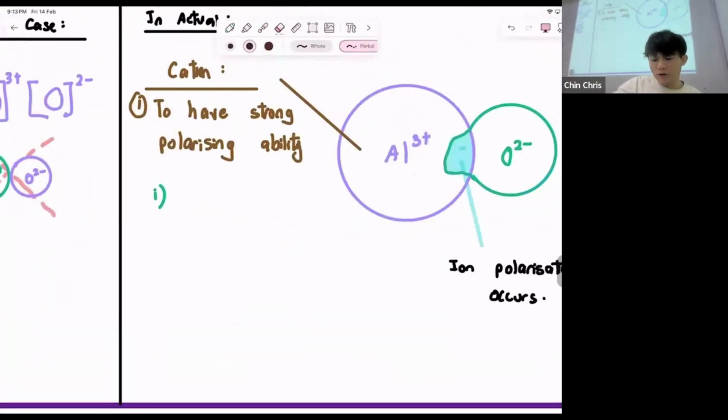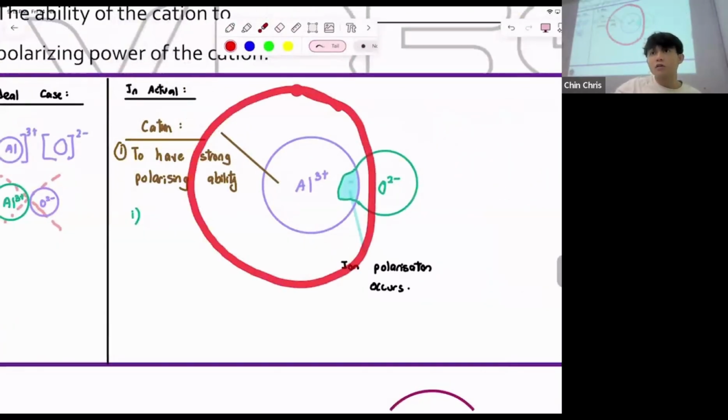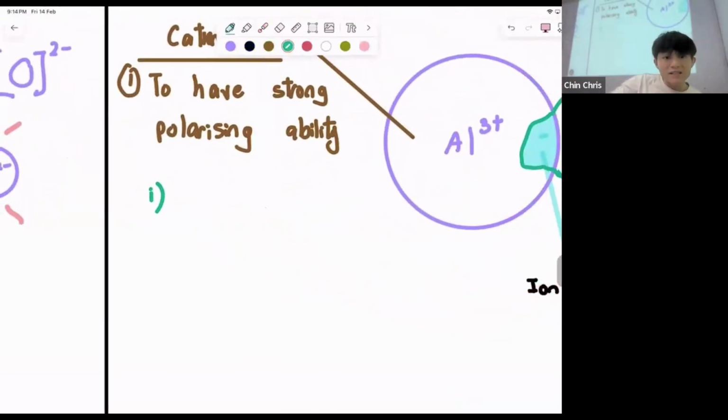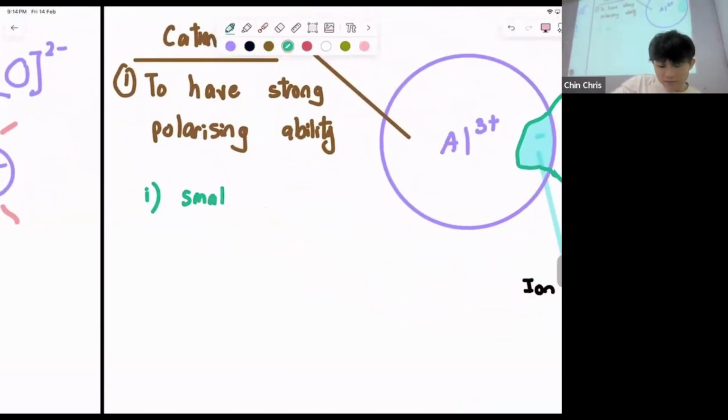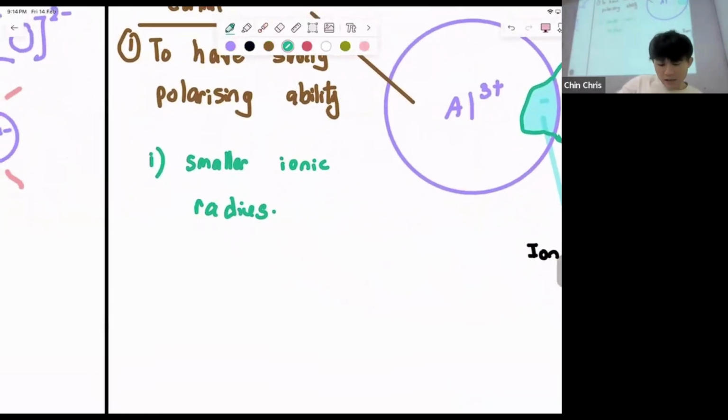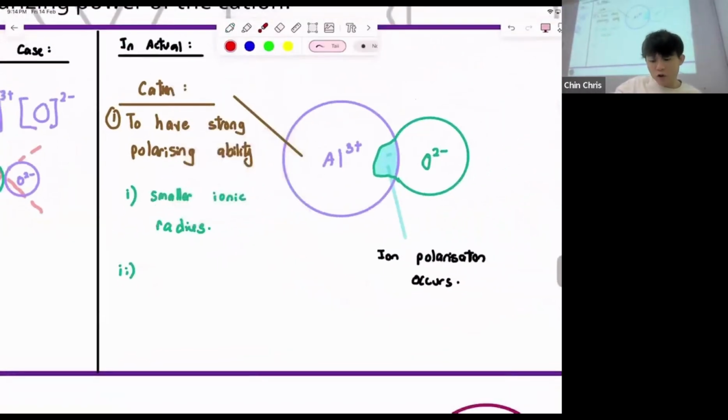If you put a fat dude next to a skinny dude, which has stronger polarizing ability? The smaller one, because it's closer to the nucleus. So you must have a small ionic radius. Next, let's look at the charge. Do you prefer 1 plus or 3 plus, in order to pull? Yes, correct. It must be a high charge.